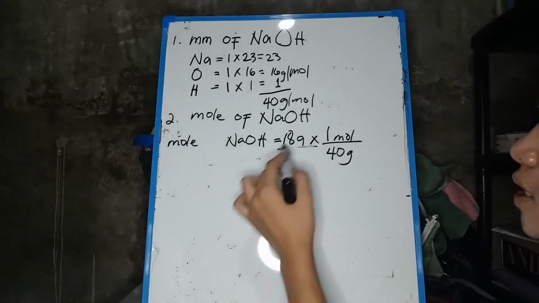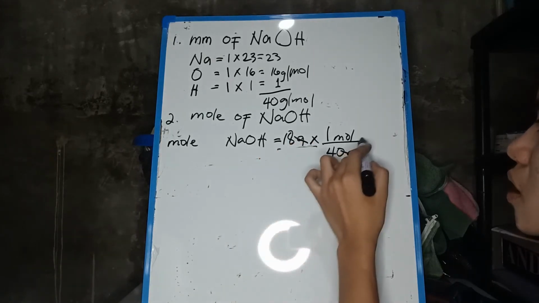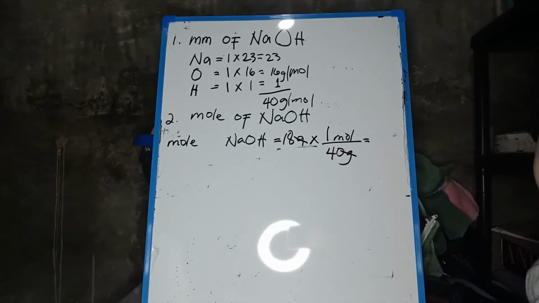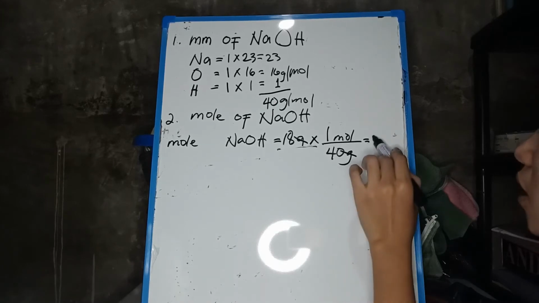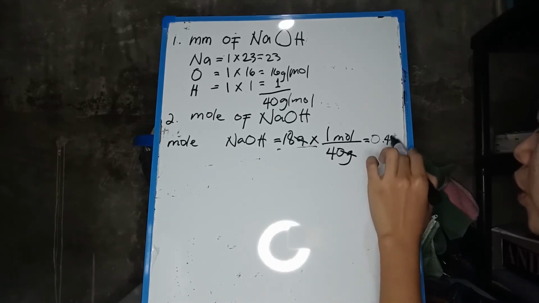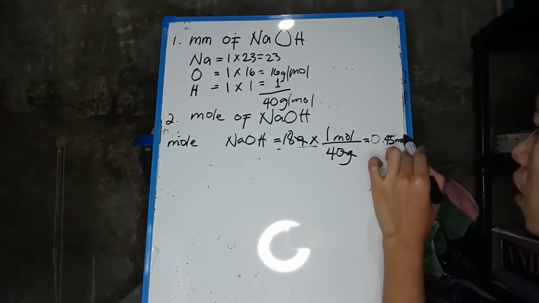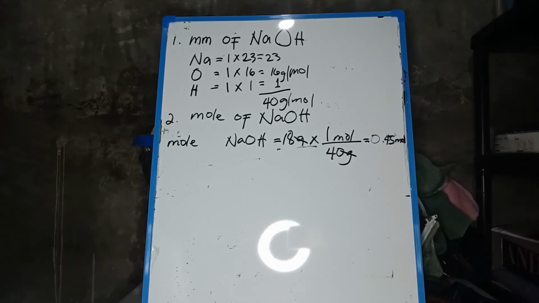So, we're going to cancel out the grams. So, ang mabilin na lang is the mole. So, 18 grams divided by 40 is equivalent to 0.45 mole. So, naa na tayo mole of our sodium hydroxide.